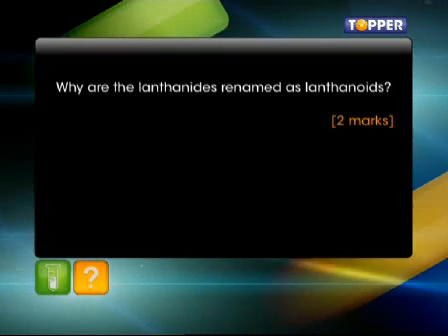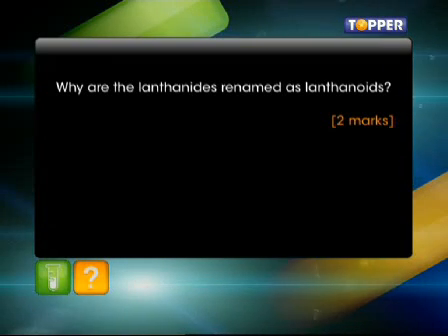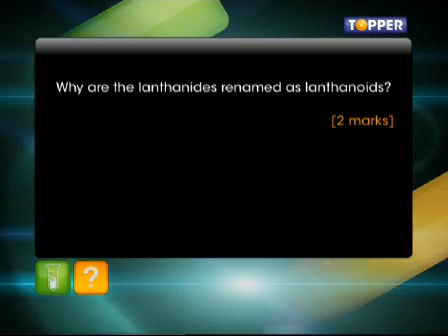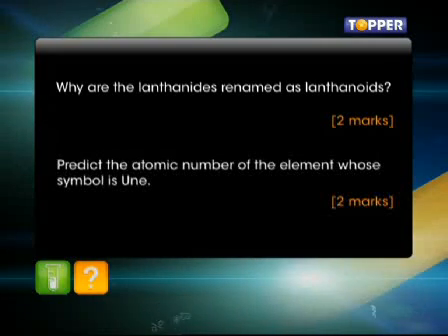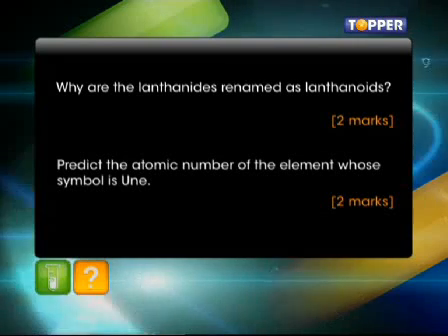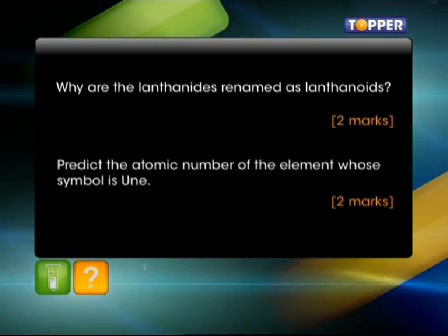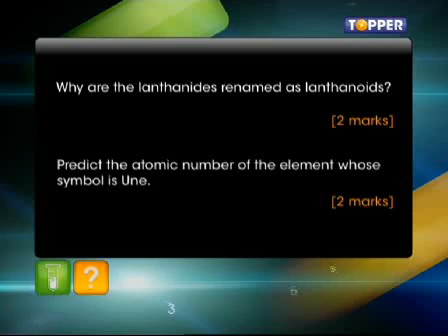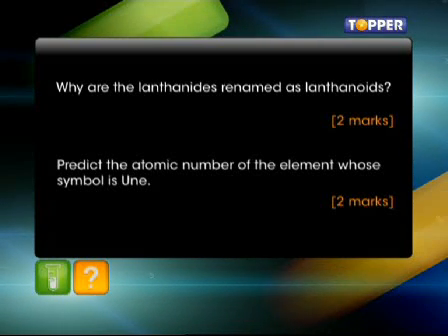Here is another sample modeled along the lines of very frequently asked questions for 2 marks. Predict the atomic number of the element whose symbol is UNE. In order to answer this, you must be familiar with the IUPAC rules for interim names.